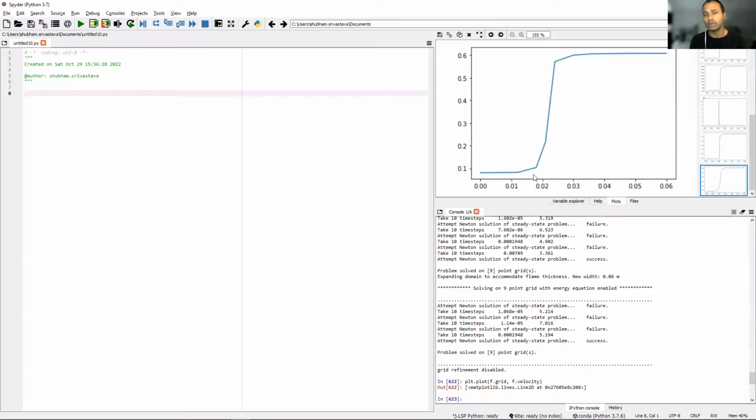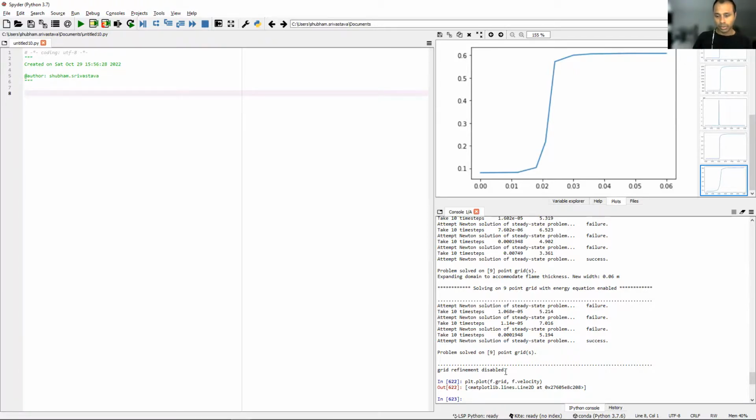Sometimes with, say, hydrogen, things can change because hydrogen has a very high flame velocity and very fast reaction rates. So if you see the solution to be not very smooth with any particular fuel mixture, then you can again change the refinement criteria.